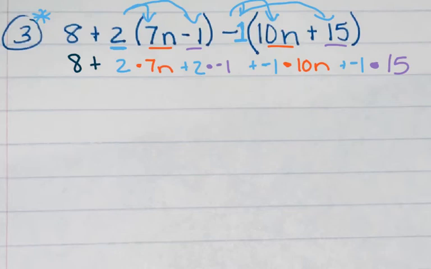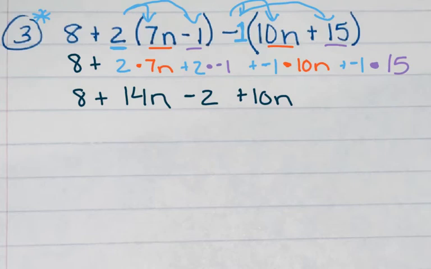Okay, so we need to simplify by multiplying here. I'm just going to multiply all those ones. I'm not doing anything with 8. I multiply 2 times 7, which is 14, and that has an n with it. 2 times a negative 1 is a negative 2. Negative 1 times a positive 10 is a positive 10n.